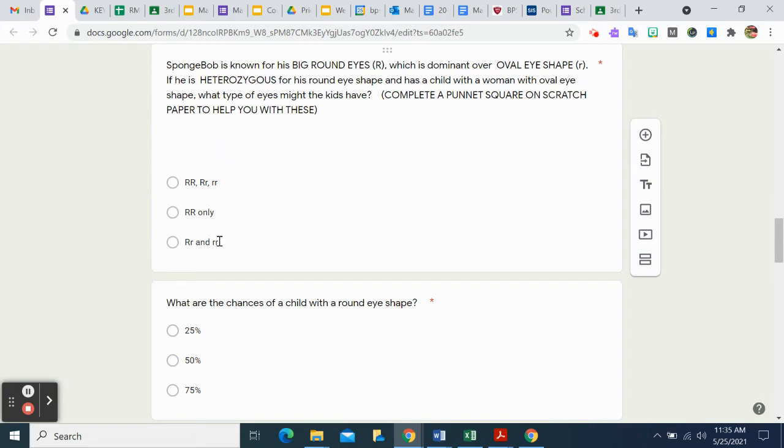You'll have to figure out what type of eyes the kids might have. It's going to be just RR, two capitals, or an R and a small r, or two small r's.